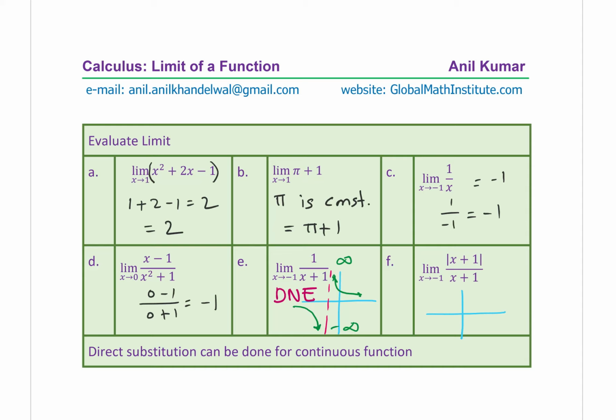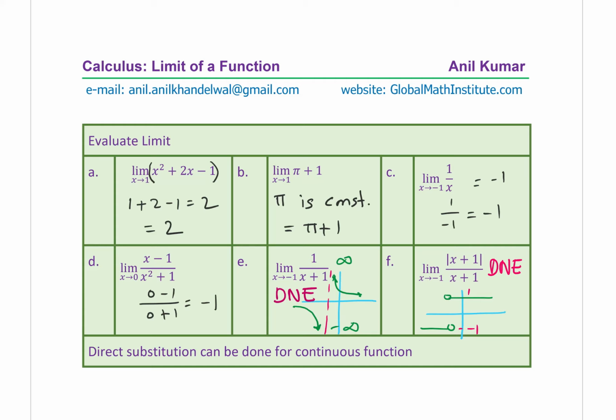And the value of x plus 1 is positive on the right side and it is negative on the left side. So it is kind of like this. It is not defined at minus 1. If you approach from both the sides, what do you get? From the left side, you get a value which is minus 1 and plus 1 from the right side. These values do not match and therefore it does not exist.